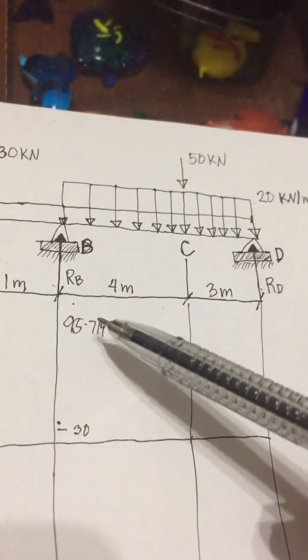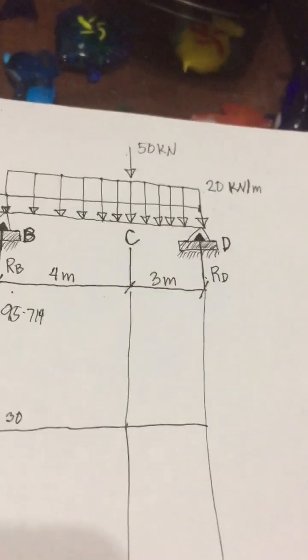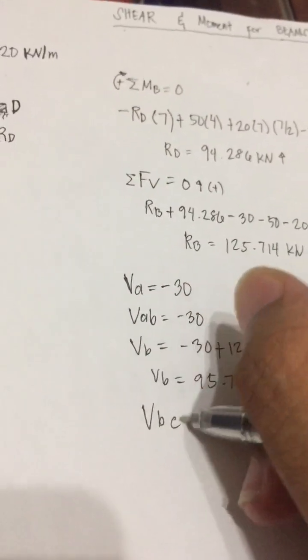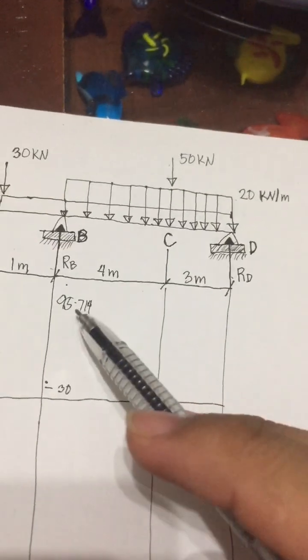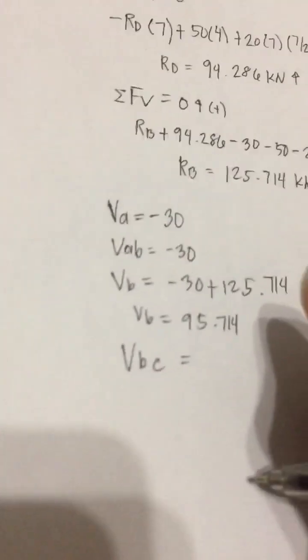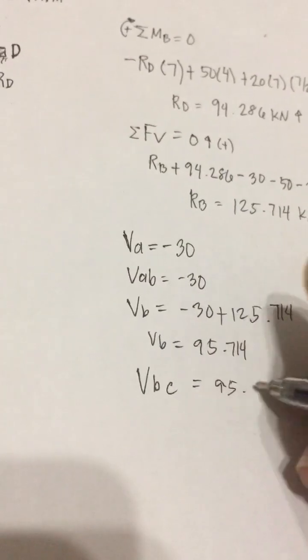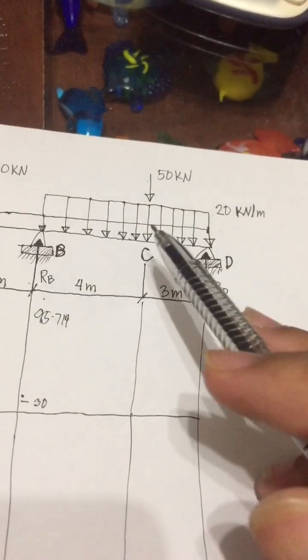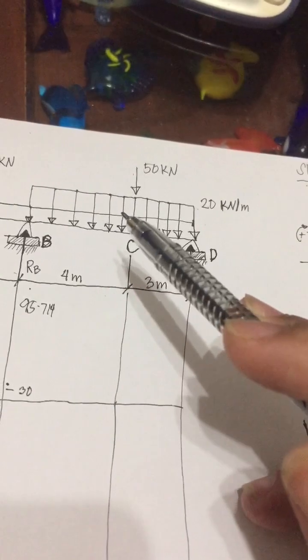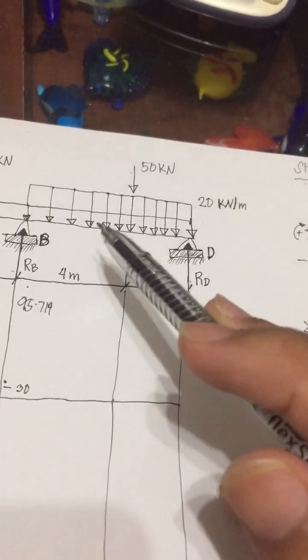So we write the equation VBC is equal to the shear load at B, which is 95.714, minus 20, because the uniform load is going downward.